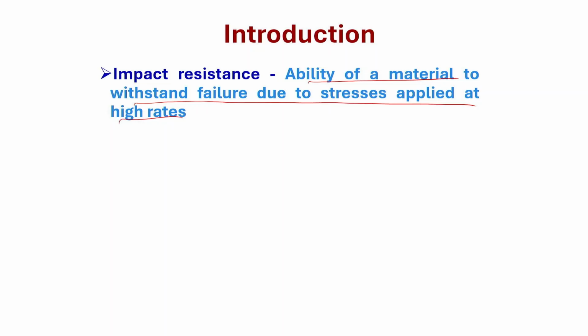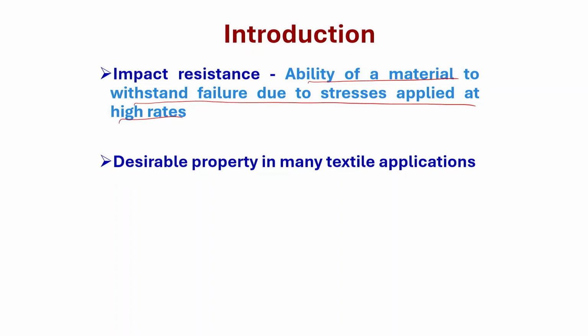A material can have very high strength, but if it cannot withstand the failure due to the high stress rate, then that material will not be useful for ballistic protection.